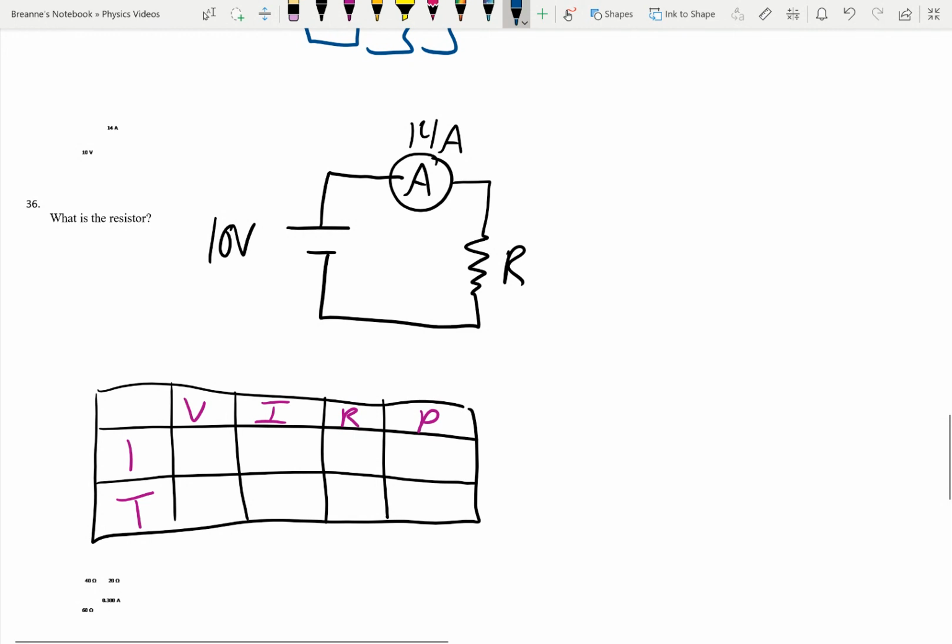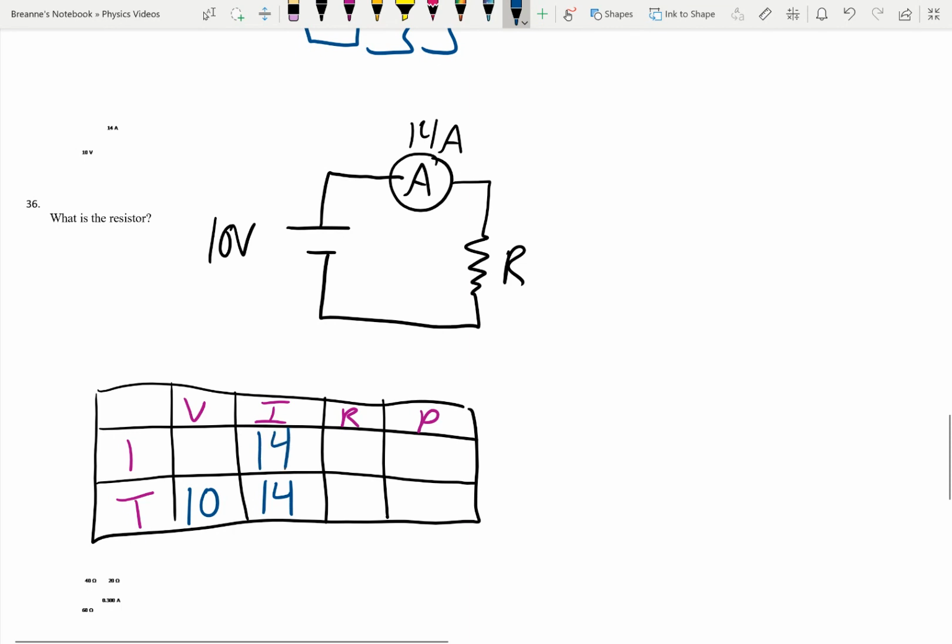So let's write down, we know our total voltage because the battery tells us our total voltage. So that's 10. And this amp meter is telling us our total current. And we need to know our resistor.